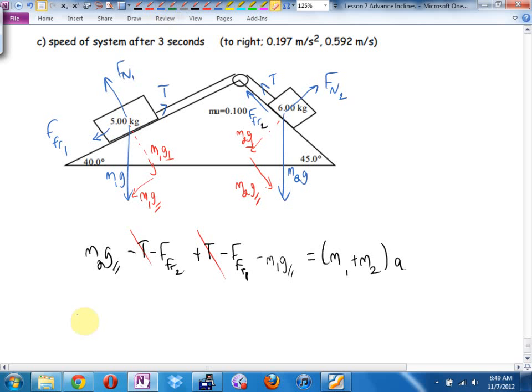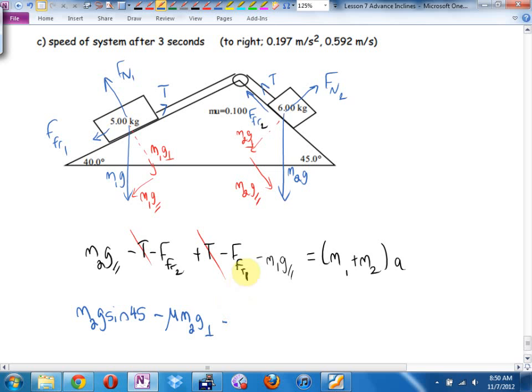M2G parallel, that's going to be M2G sine 45 degrees, minus friction, which is what times what? I don't know the normal force. Oh, it's going to be mu M2G perpendicular, which is going to be cosine, and if you felt really confident and did that substitution right now, I wouldn't really have a problem, although I wouldn't do that on a test. Show extra work on a test, yes?